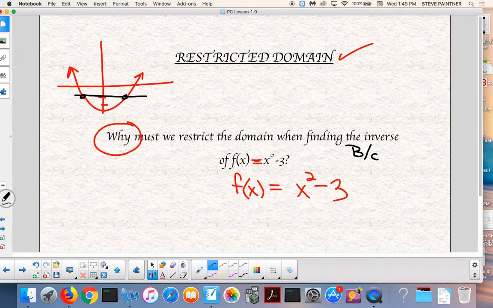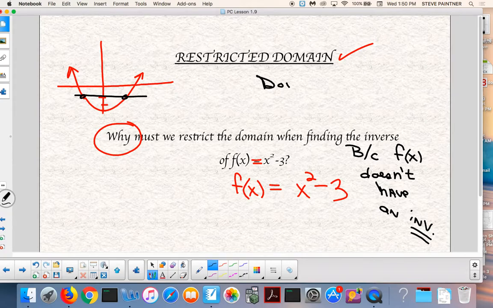Because f of x doesn't have an inverse. That's why. So to make it have an inverse, you know what I have to do? I have to restrict your domain. What am I going to tell you? Your domain in this problem is, I might tell you this.